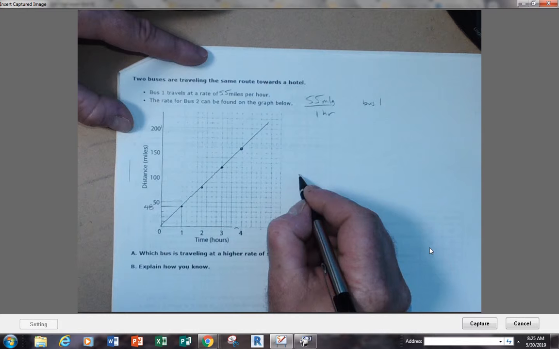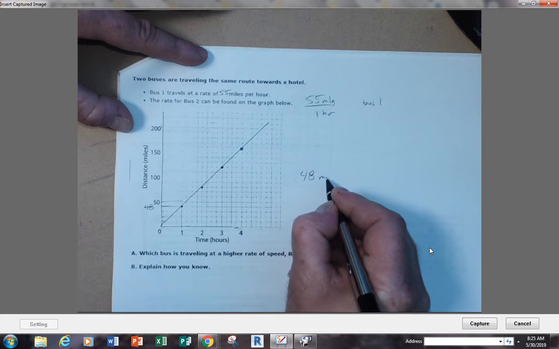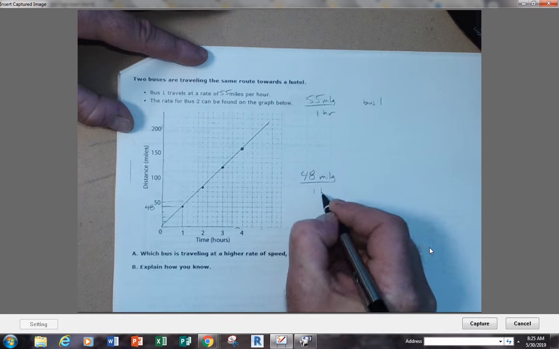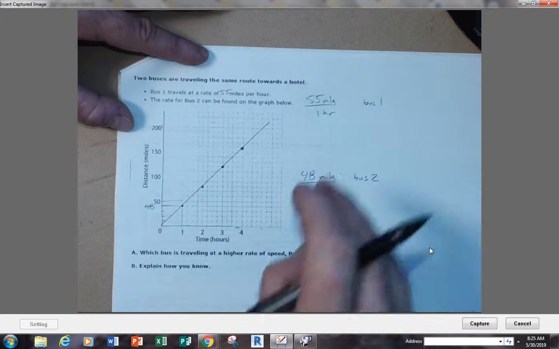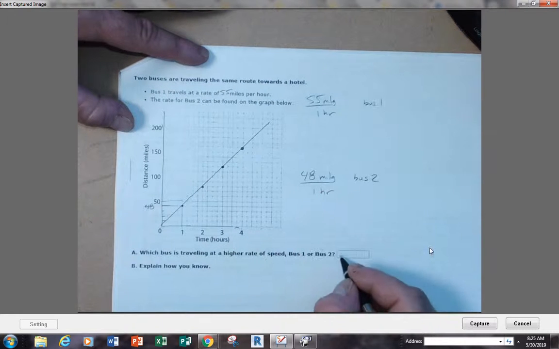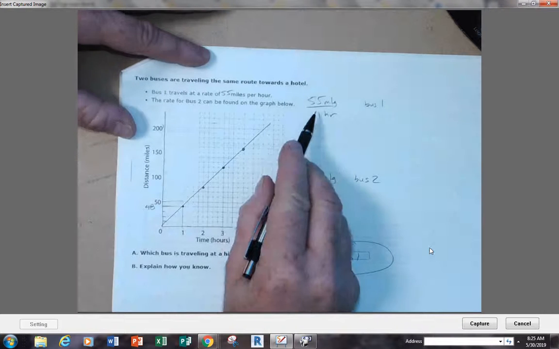So bus 2, about 48 miles for every 1 hour. So for this scenario right here, you can see bus number 1 is going faster in 1 hour, 55 miles versus 48 miles. And again, you'd have to show me.